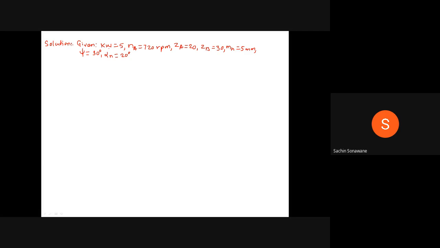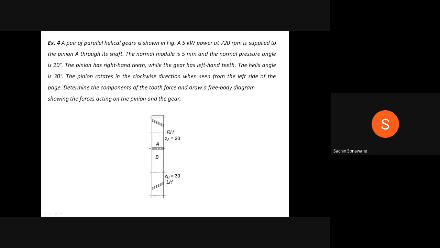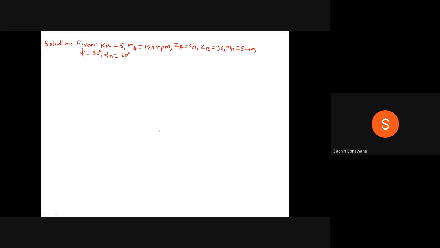Now from the power transmission, we'll calculate torque transmitted. Since motor is connected to the gear A, therefore we have to take speed of the motor. Speed of the motor is nothing but speed of the gear A, because motor is directly connected to gear A. Therefore, write down the formula.